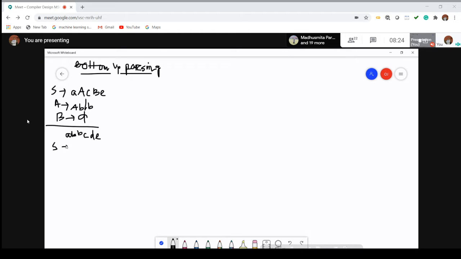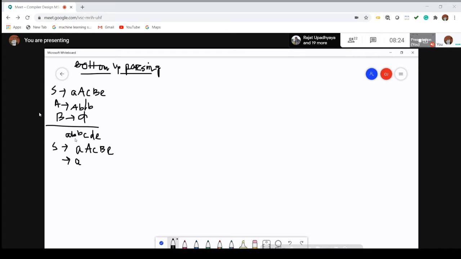So there is a production from S. S → a A c B e. My requirement equal to a. Now you can check the first position is already a, so I directly write it down. My next requirement equal to b.